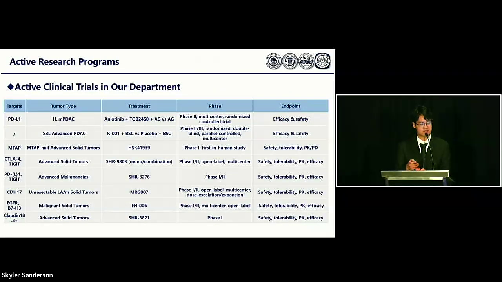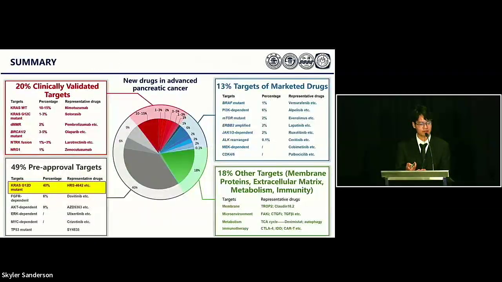These are several active clinical trials in our department. We will work hard to explore the therapeutic value of this target in the future. In brief summary, new drug development in pancreatic cancer is rapid. Apart from those targets with approved drugs or approved indications, several potential targets such as KRAS G12D are worth exploring.